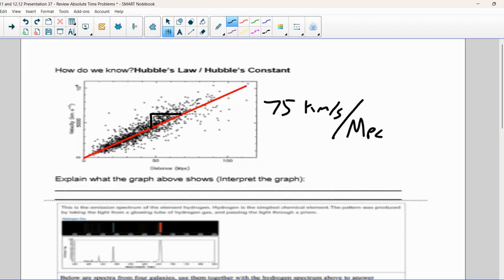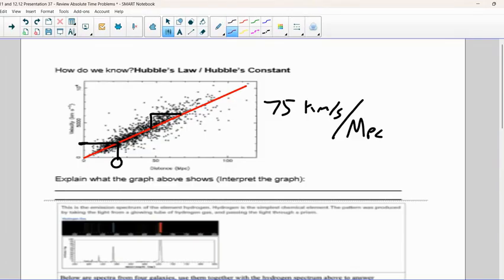The important thing about that is it's very easy to measure the speed of a galaxy. So if we determine the velocity of a galaxy, we can come across, hit our line, drop down, and read off how far away it is. So Hubble's constant allows us to determine how far away the galaxies are.